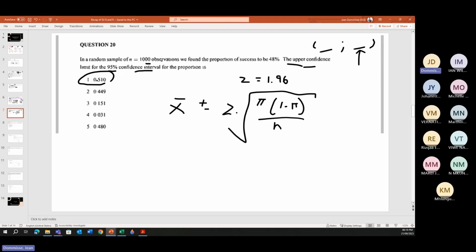Again, we could have done it here as well, and it would have been exactly the same kind of calculation.